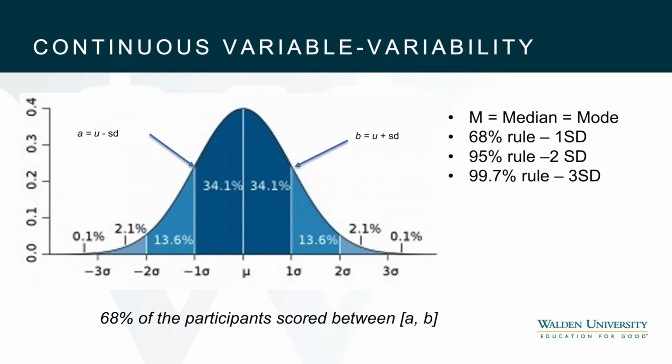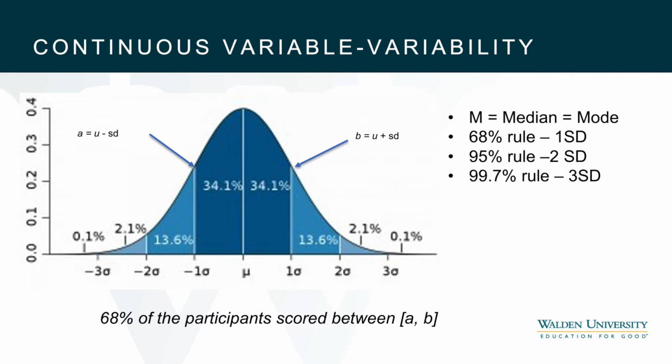Now let's imagine that you have a curve and that you ask SPSS to create a histogram, and you get a curve that looks for the most part normal, or as I call it, normal enough. When you have a curve that is normal enough, then you can apply the 68% rule, and it tells you a lot about the variability of the data.